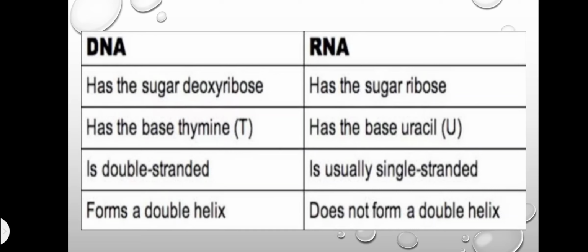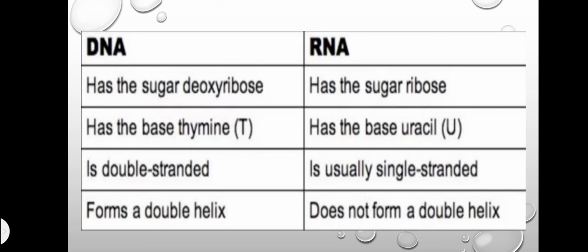Now it's the table of DNA and RNA. You can see that DNA has a few points and RNA also has a few points. DNA has the sugar deoxyribose, and RNA has the sugar ribose. DNA has the base thymine and RNA includes uracil.